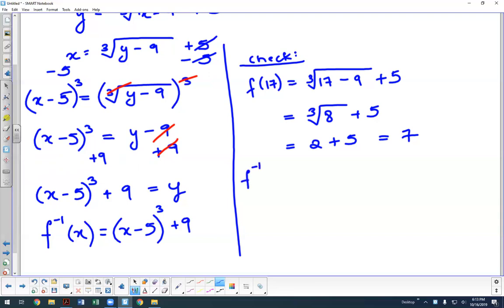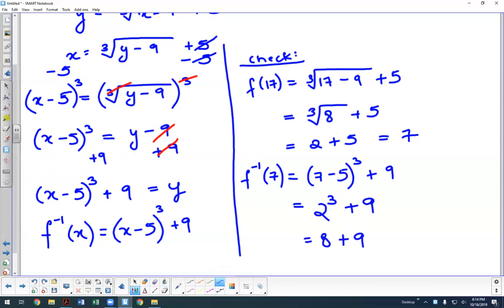So for the inverse function, we have 7 minus 5, quantity cubed, plus 9. 7 minus 5 will be, of course, 2. Which should, of course, bring us back to the 17.